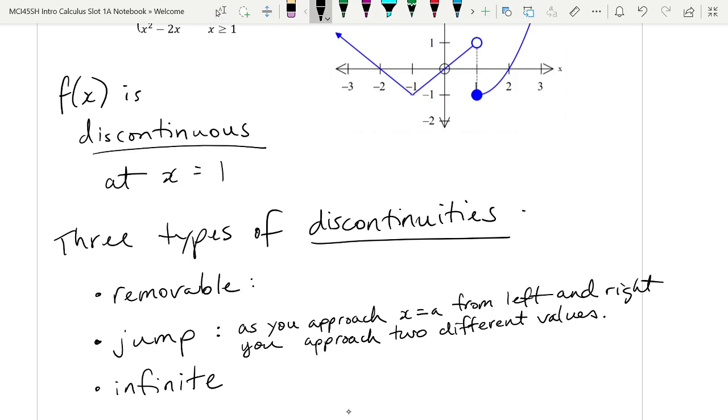Removable, we've seen lots of these. Removable is just an infinitely small hole in the function.